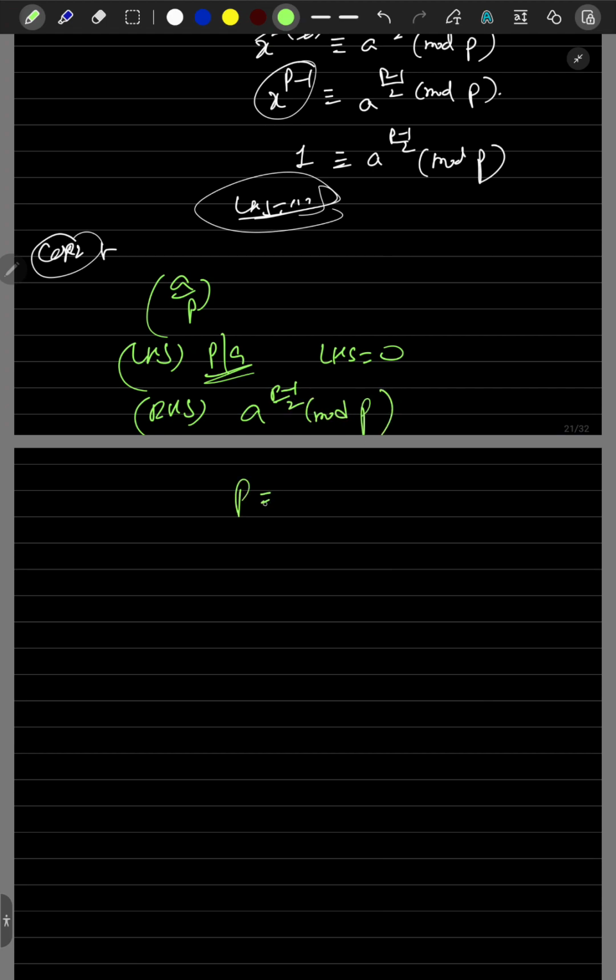When P divides A, what can I write? A = Pk for some k in Z. So can I write like this?